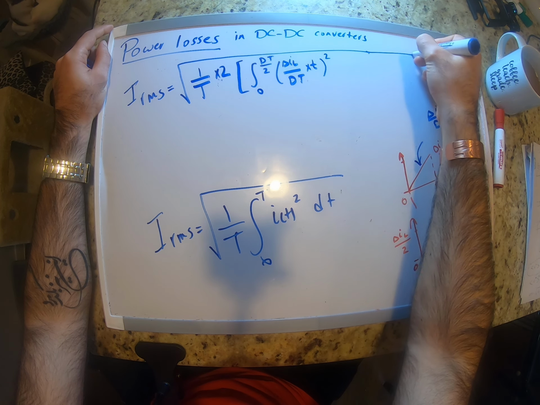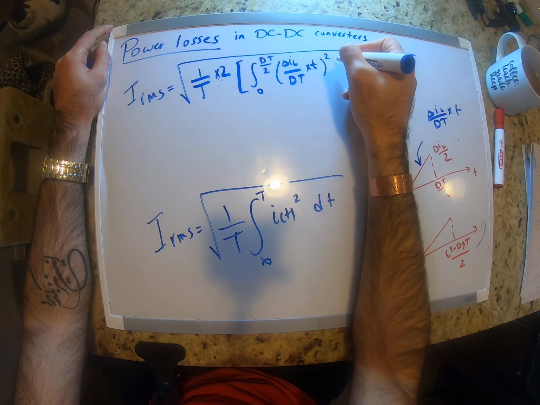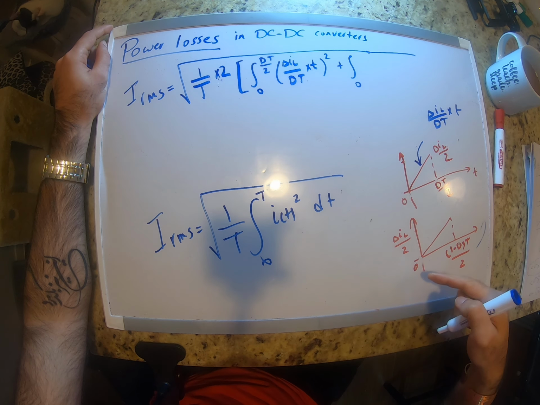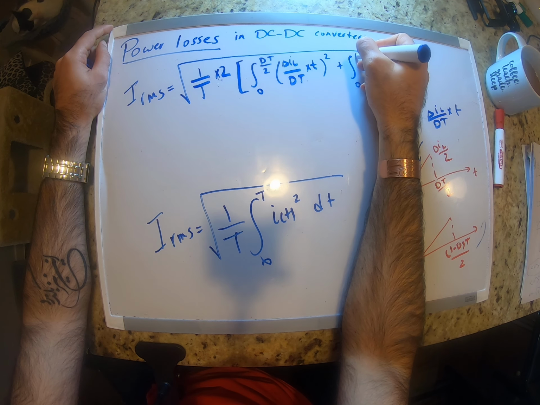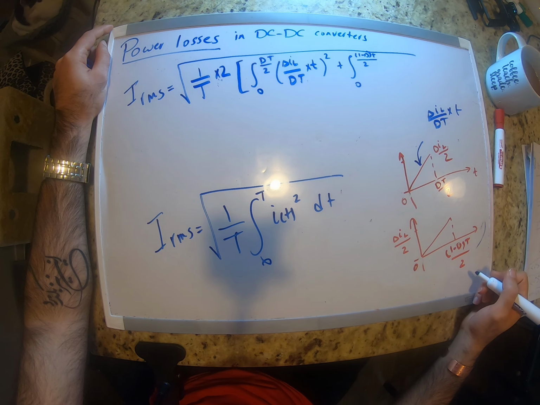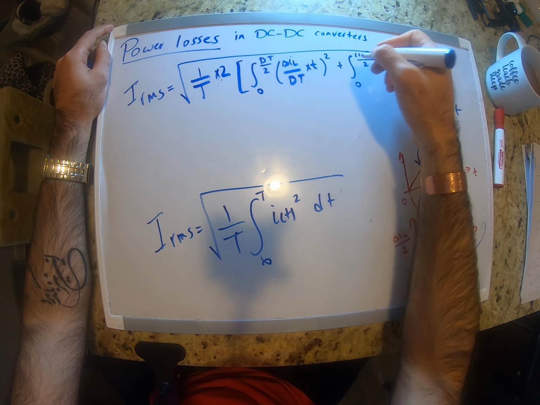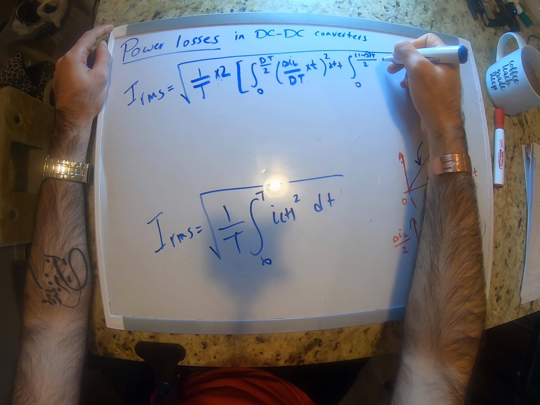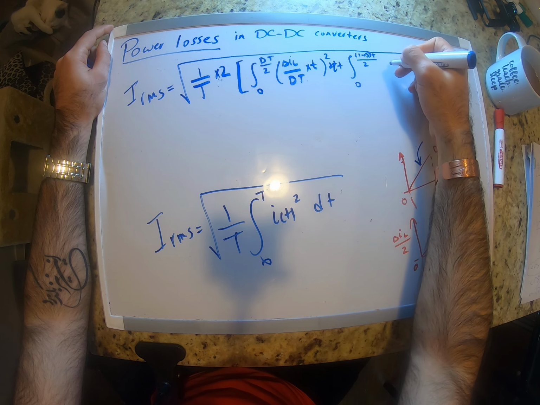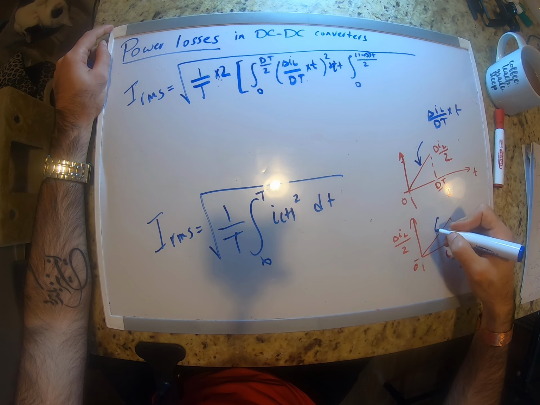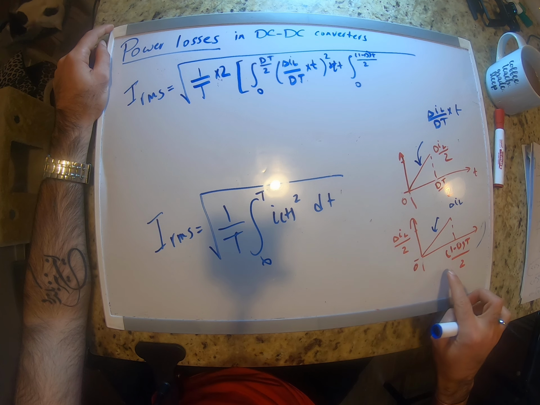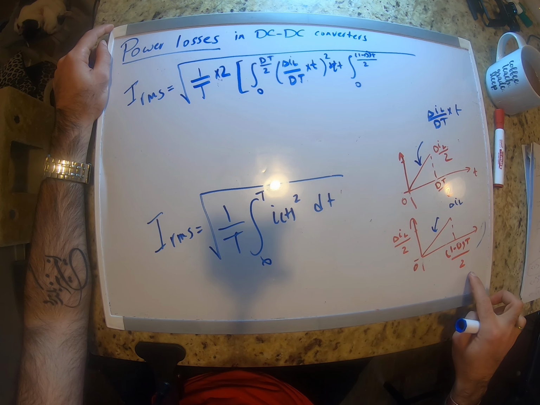Okay, and for this part, plus integral of 0 to 1 minus d times t divided by 2, and this is dt, sorry. The equation of this line would be delta IL divided by 2 divided by 1 minus d times T divided by 2.